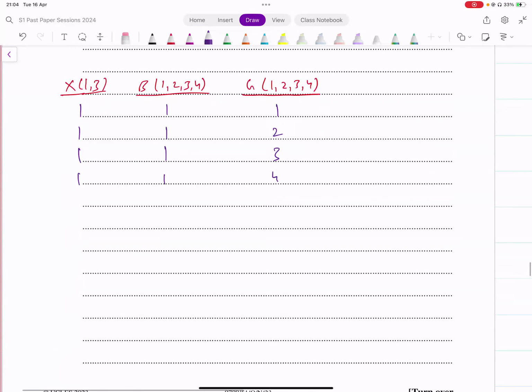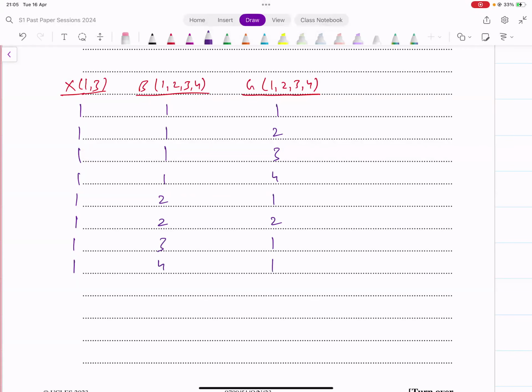Okay. Now, what if x is 1 and b is 2? What happens in that case? With 1 and 2, you could have 1 here, and with 1 and 2, you could also have 2 here. And then you have 1 and 3. With 1, 3, the last one can only be 1.